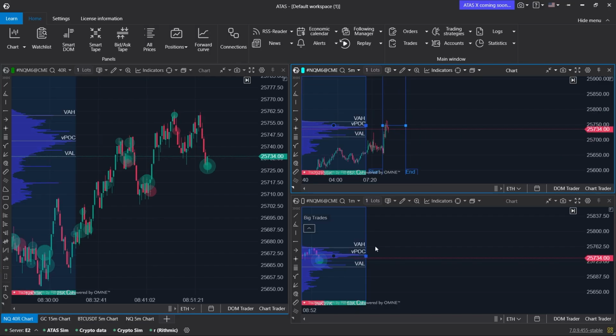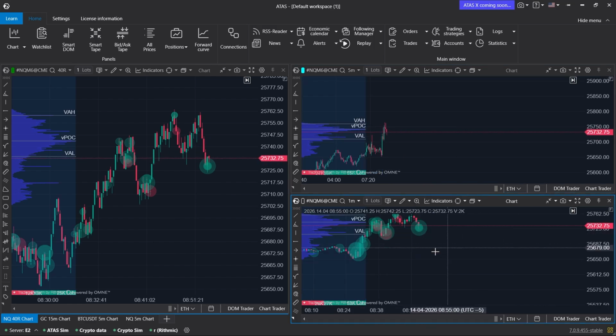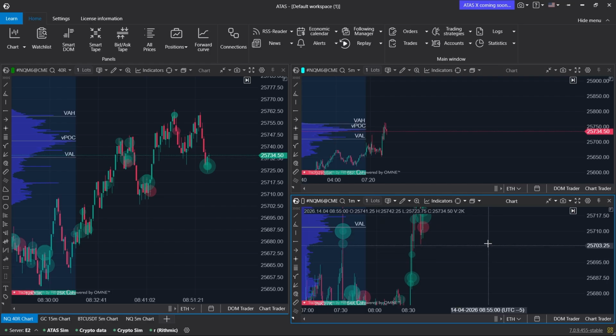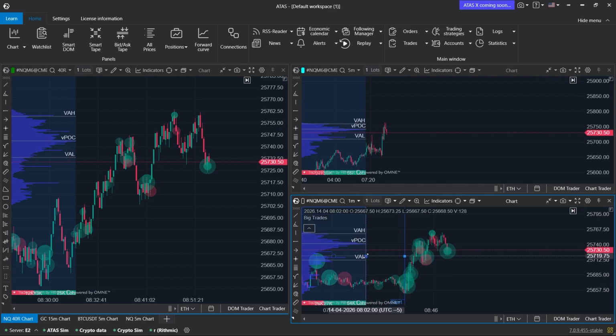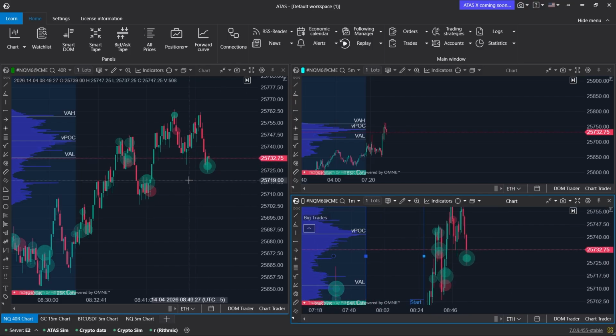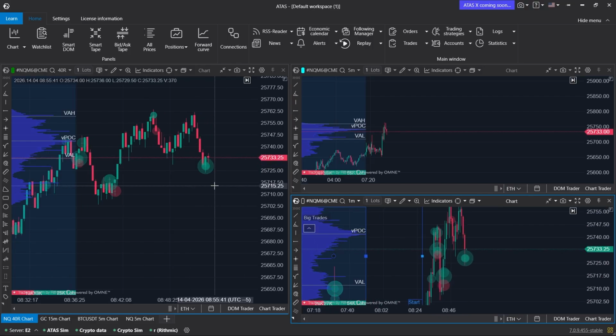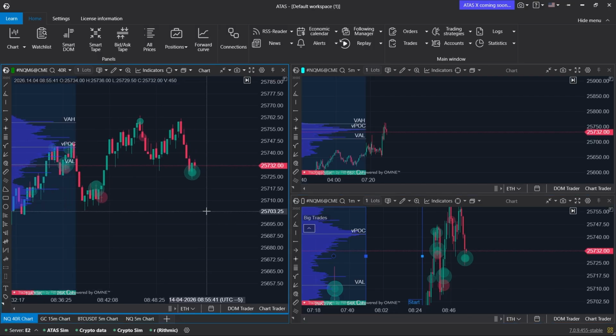On the 5 minute chart, and on the 1 minute chart, I drew it from here to here, right? And I trade all the flows and all that. I have explained it on my previous window.